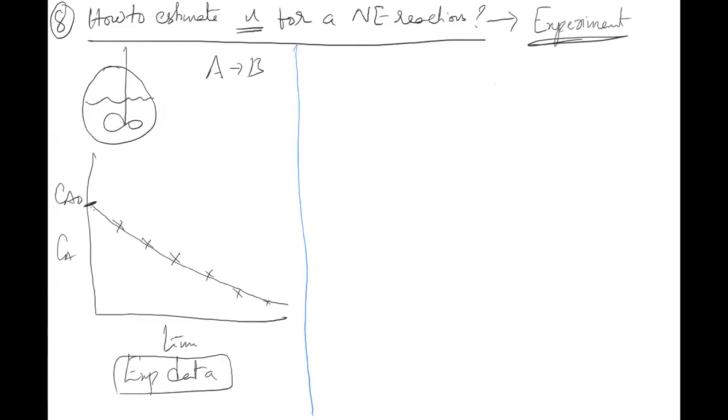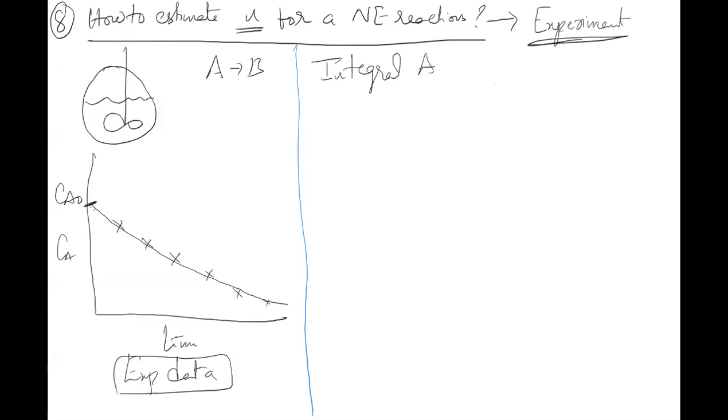Once you do an experiment, from the experiment, you will find out the order of a reaction. So how do you use this experimental data and find out the order of a reaction? There are multiple analyses here. First one is integral analysis. There are multiple techniques here.